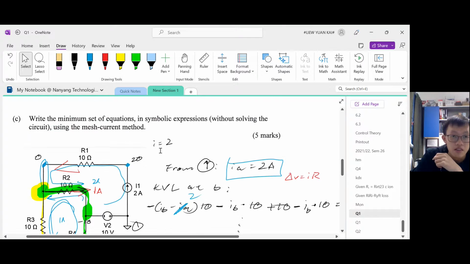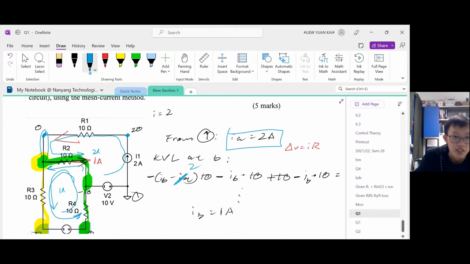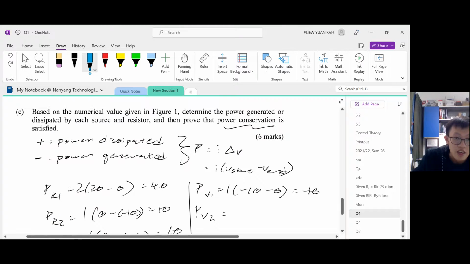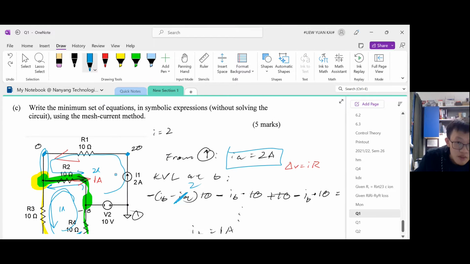Then the power of V2. What is the current? The current is just this 2 ampere mesh current. And what's the direction? It flows from here and goes through here, along this anti-clockwise direction.